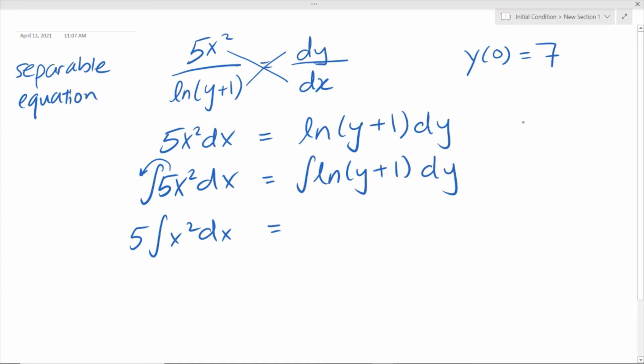So we can let w equal y plus 1, right? So y plus 1 right here. So we're going to let this be the case.